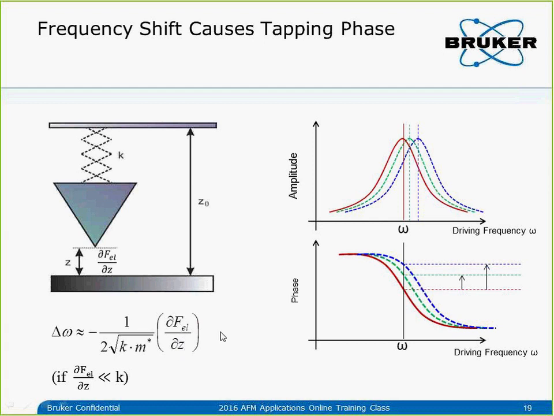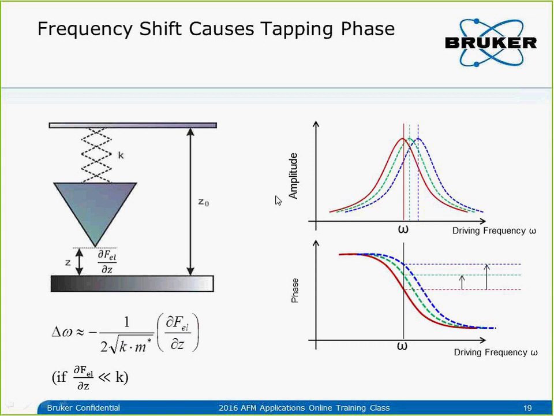Could be the atomic force, could be electrical force, could be magnetic force, right? We have a certain amount of interaction force. But if we use a softer cantilever, if the spring constant is softer, this same amount of interaction force can cause a larger frequency shift, right? So the soft cantilever gives more frequency shift.